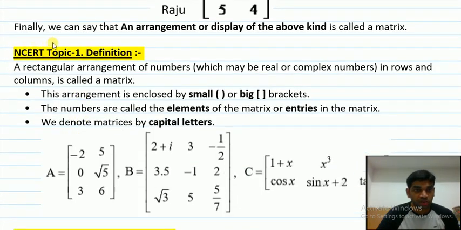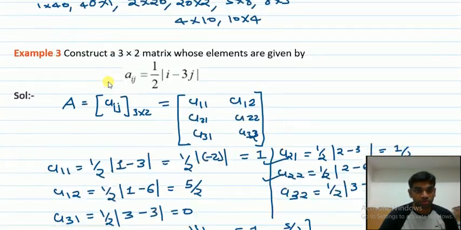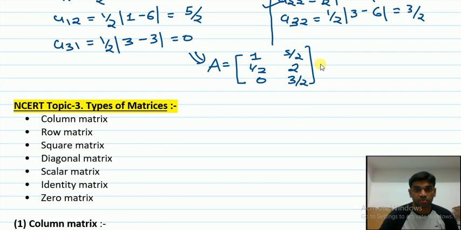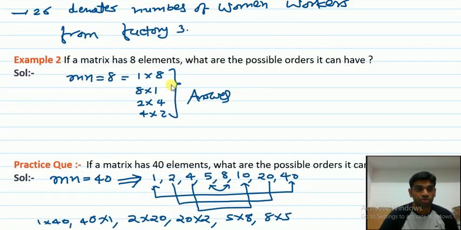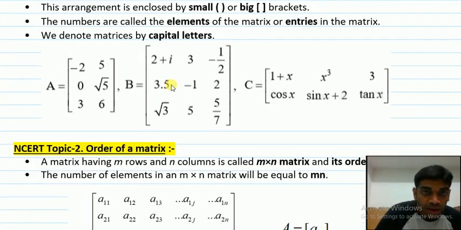You can start from NCERT topic 1, the definition and all this theoretical part, and some examples you can write for your understanding. So from topic 1 to topic 2 and all the examples you need to write in your notebooks.